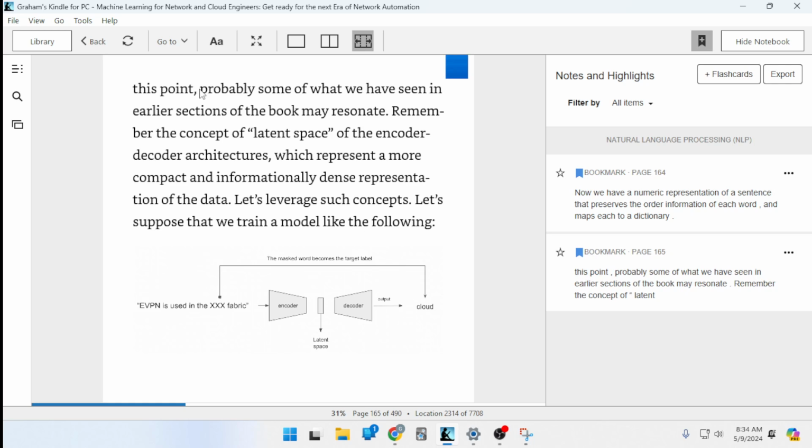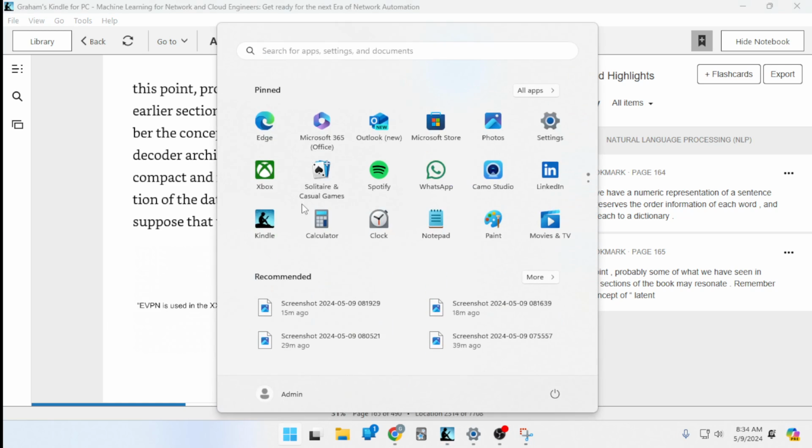At this point, probably some of what we have seen in earlier sections of the book may resonate. Remember the concept of latent space of the encoder-decoder architectures, which represent a more compact and informationally dense representation of the data. Let's leverage such concepts. Let's suppose that we train a model like the following.